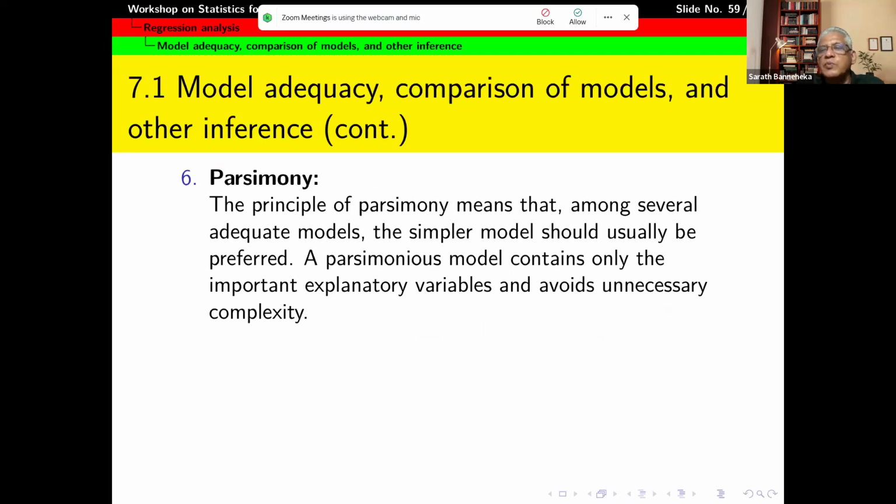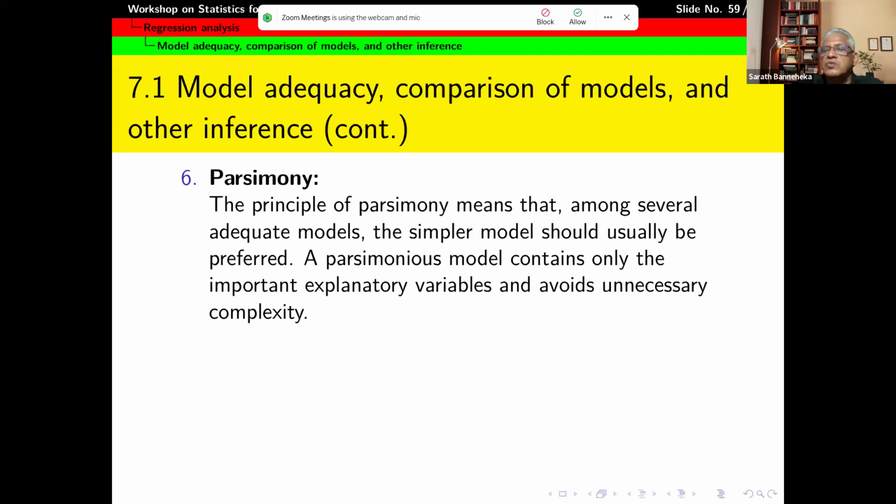So this is what you call the parsimony that I mentioned earlier. The principle of parsimony means that among several adequate models, the simple model should usually be preferred. Simple means mainly a smaller number of X variables. Right? A parsimonious model contains only the important experimental variables and avoids unnecessary complexity, like a large number of powers and transformations, right?